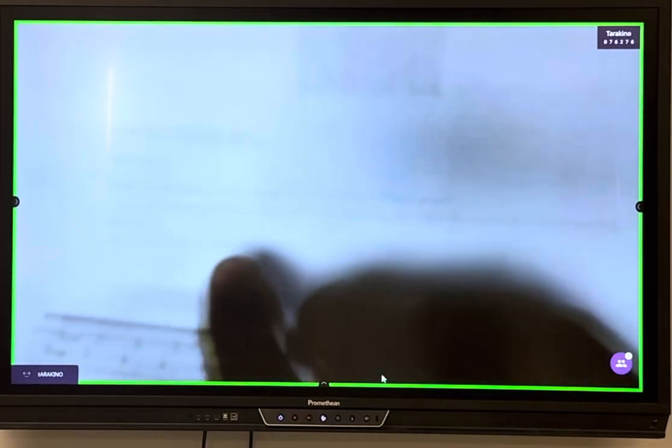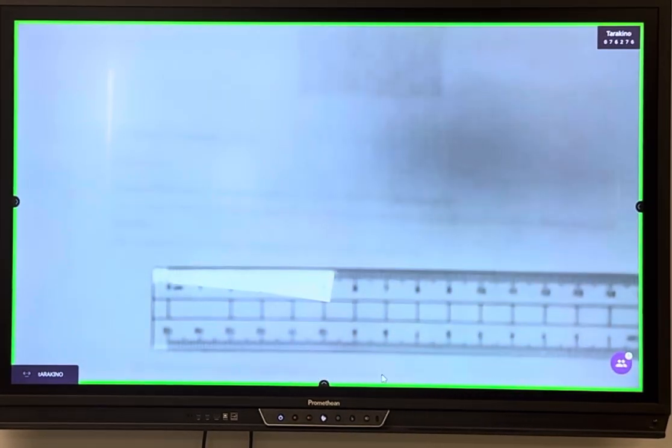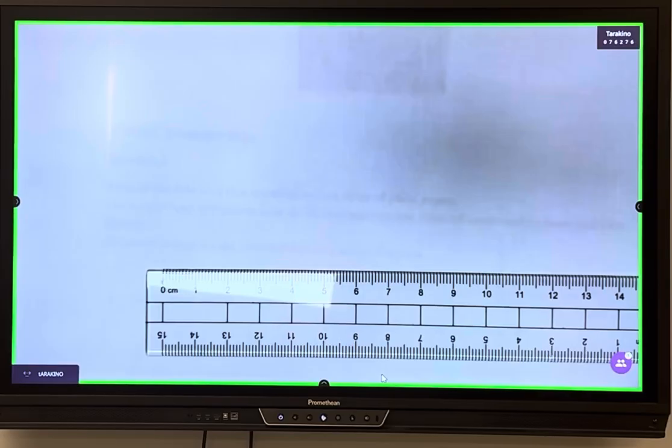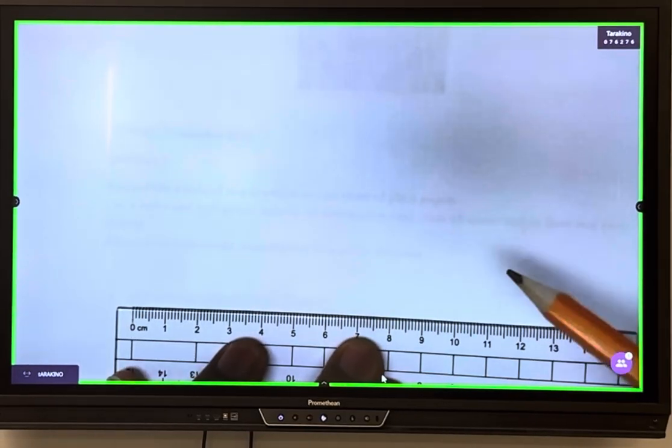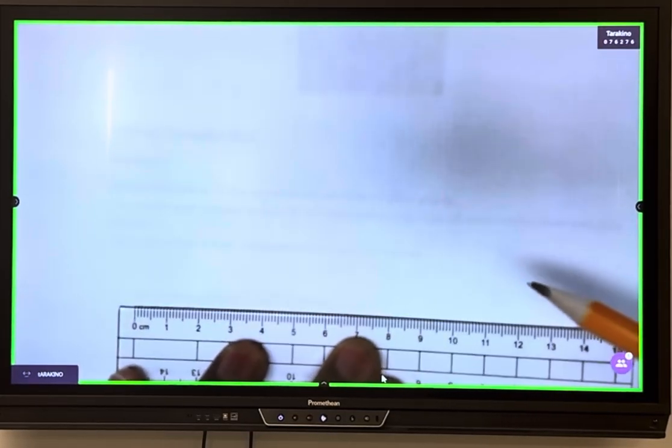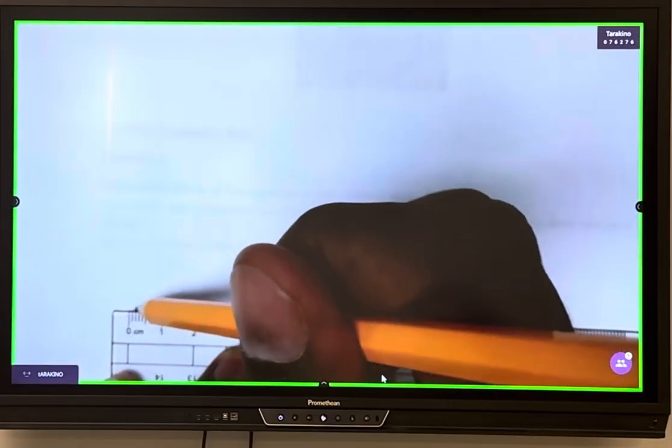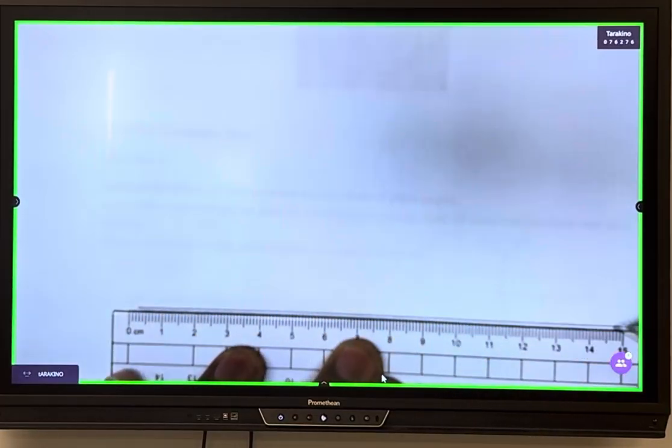This is a clean white paper. I am going to draw a line. It must be long enough. Then you can mark the starting point.